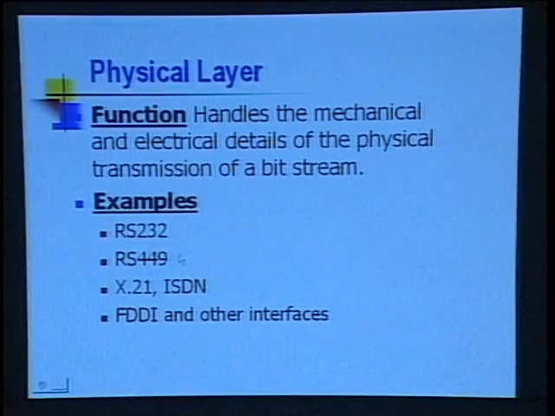For example, the function of the physical layer is to handle the mechanical and electrical details of the physical transmission of the bit streams originating from station A or computer A and going to computer B. The examples of that are the RS-232 interface, RS-449 interface, X.21, ISDN, or Fiber Distributed Data Interface, or other interfaces.